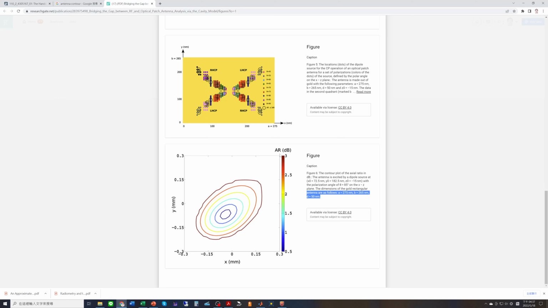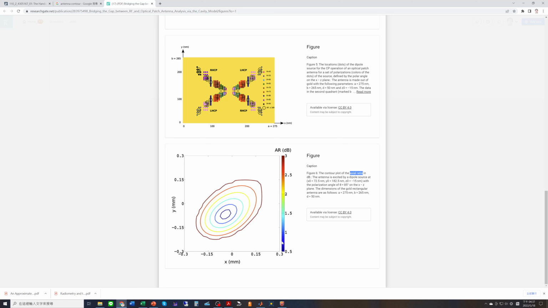The color denotes the gain of the antenna and represents the axial ratio of the antenna in dB. When the color is blue, the axial ratio is 0.5 dB. You can see that in the center of the contour plot.